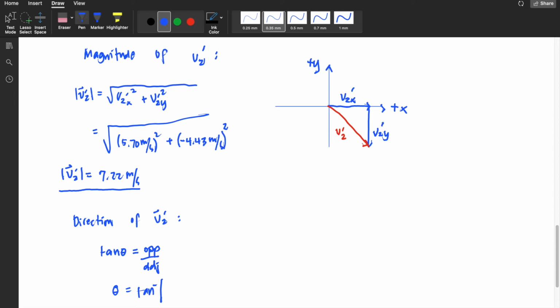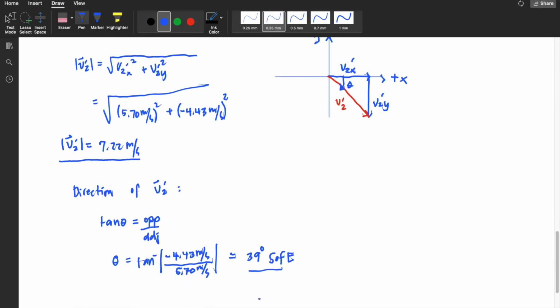The opposite side is your v2y prime, which is negative 4.43 meters per second, over the adjacent side of angle theta, which is simply v2x prime, so you'll have 5.70 meters per second. So the answer would be 39 degrees. It's from east going south, so that would be south of east.